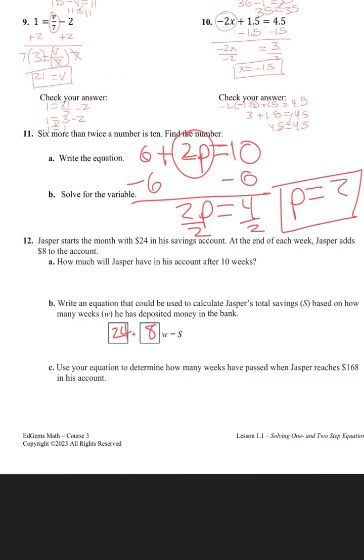Now, let's jump back up to part A. Part A says how much money will he have in his account after 10 weeks. So now that we know what the W can stand for, 10 weeks, we can solve for that part of it.